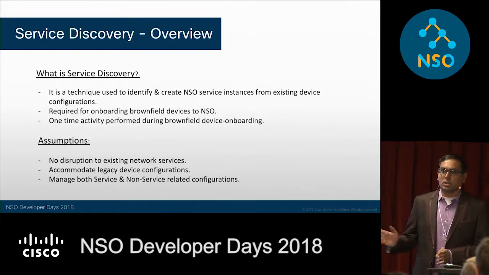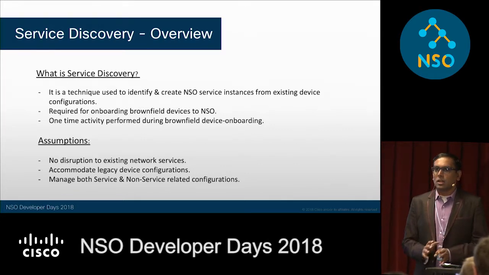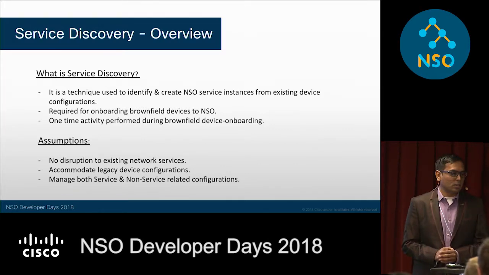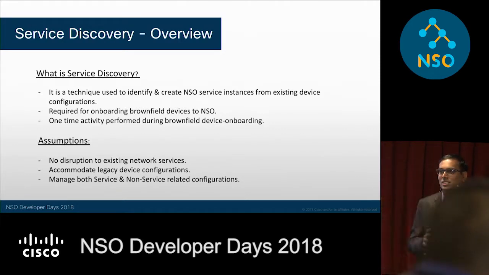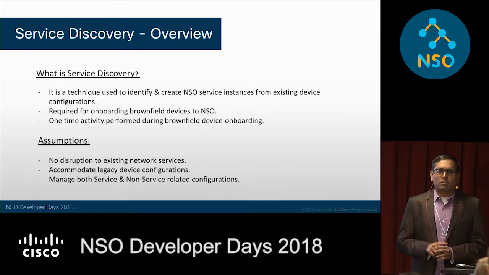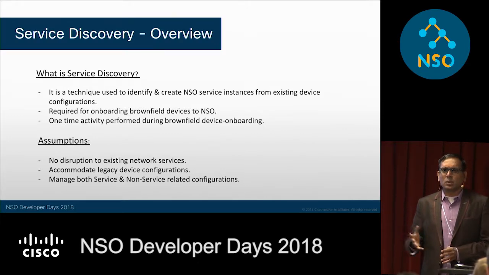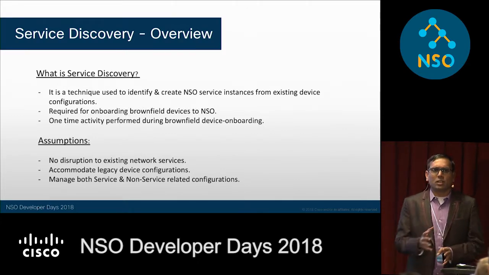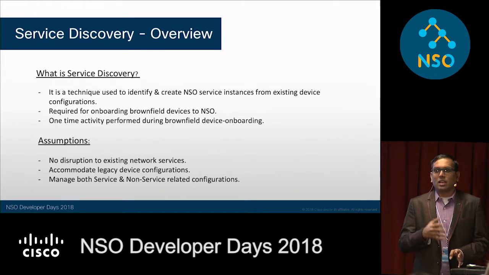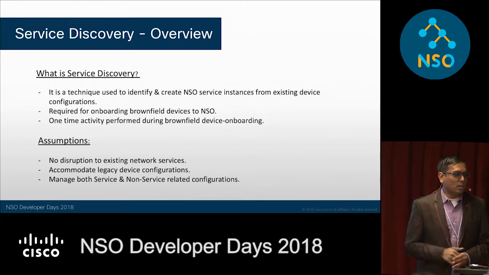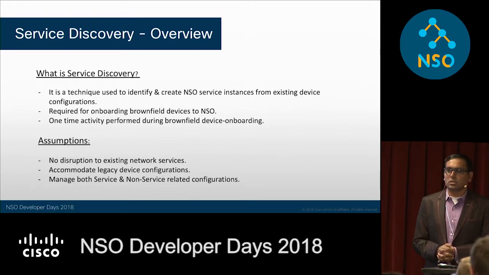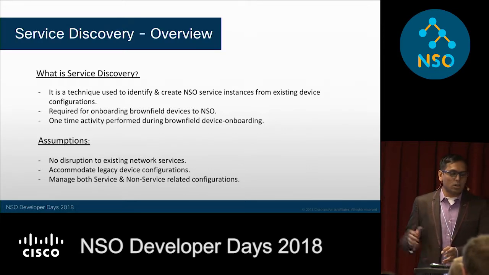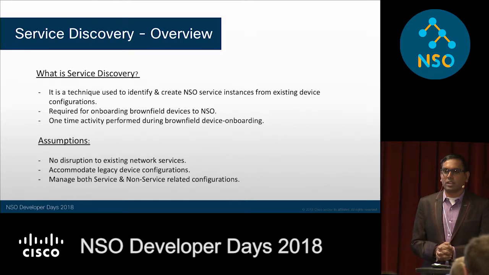We go with some hard assumptions: there should be no disruption to the existing network. Network services cannot be disrupted. We have to accommodate multiple versions of these legacy device configurations. A lot of times these network configurations don't adhere to any standards, and they have evolved, and it's critical that with the service discovery process we do not disrupt any of the configuration.